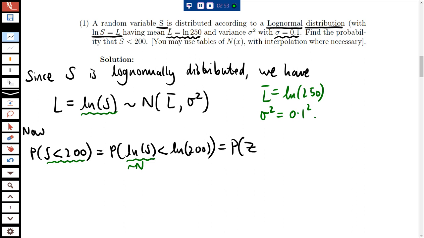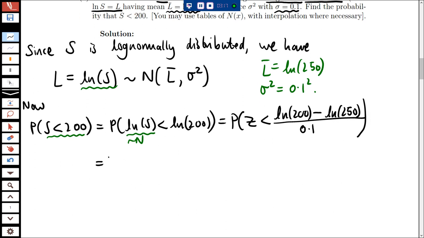If we normalize the left-hand side, this just becomes Z, the standard normal distribution, and on the right-hand side we're going to subtract the mean and divide by the standard deviation, which is the same as the probability that Z is less than minus 2.2314.